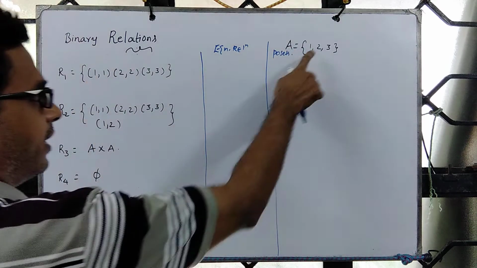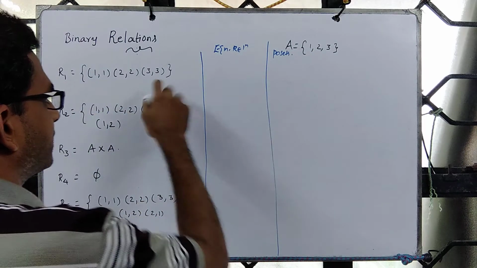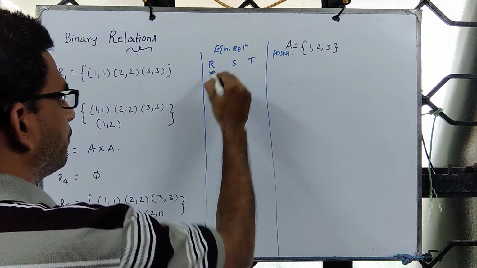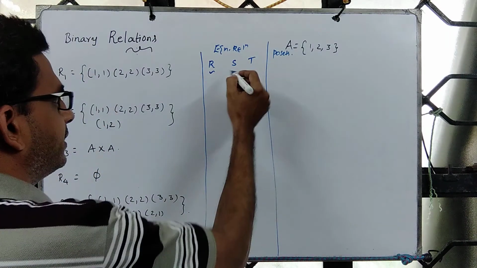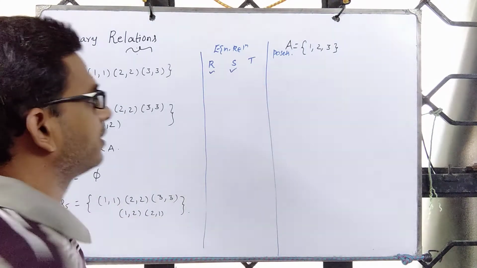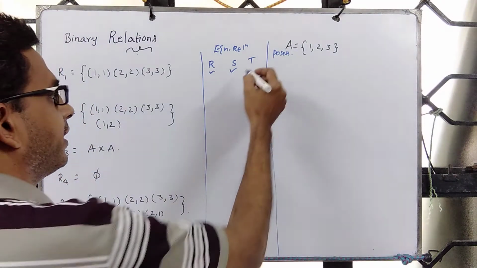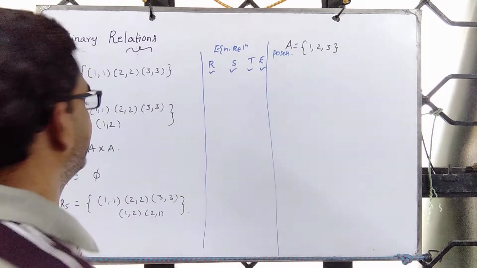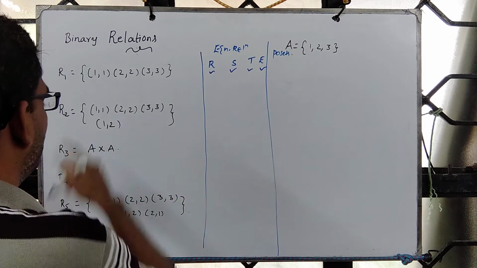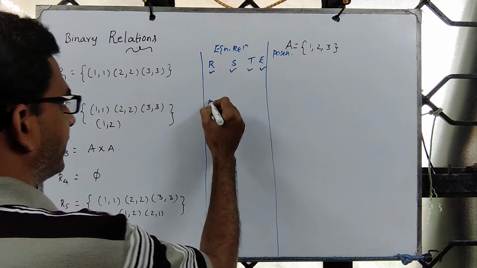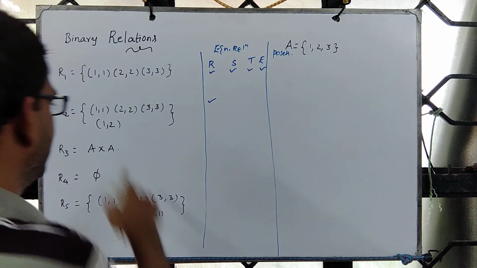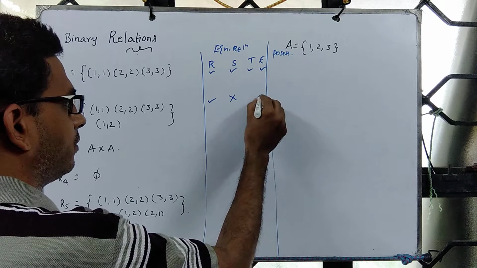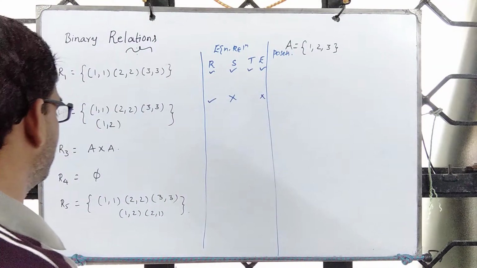For R1, for each a in A, (a,a) is present, so reflexivity is true. Symmetricity: (a,b) belongs to R implies (b,a) belongs to R. And (a,b), (b,c) implies (a,c), so this one is an equivalence relation. Now R2, you see that it is reflexive, but it is not symmetric. (1,2) is present, (2,1) is absent, therefore it is not an equivalence relation.